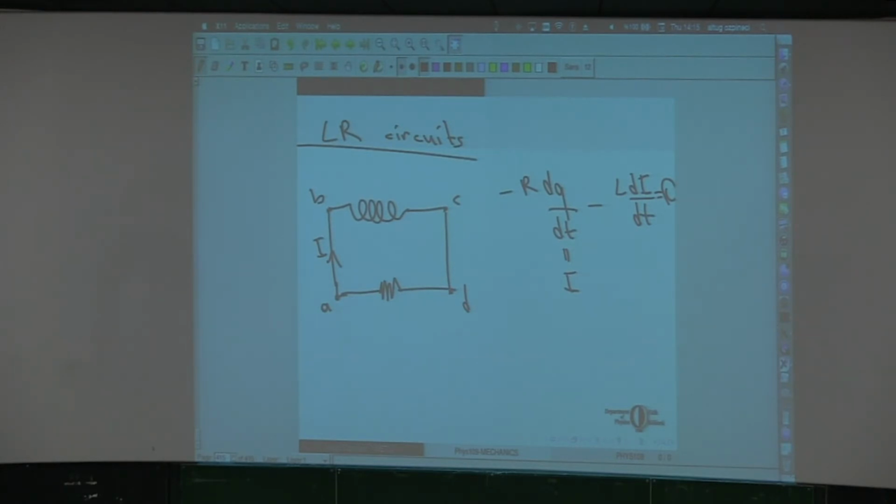The potential difference between B and C is the same as the potential difference between A and D, and I would say that it is just Ri. When you have inductors, it doesn't really make too much sense to talk about potential differences. When you have a changing magnetic field, the electric force is not a conservative force, so you cannot really define a potential.